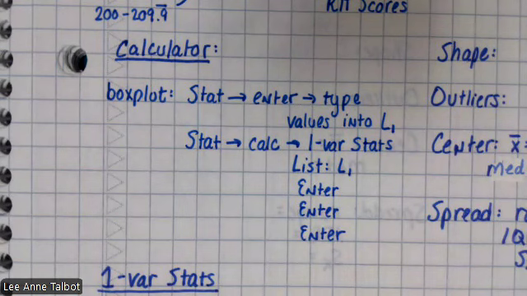Okay, so just start with writing down the calculator steps. What is up there? After stat, help. 1-Var Stats. That means one variable stats. Stats in one variable.